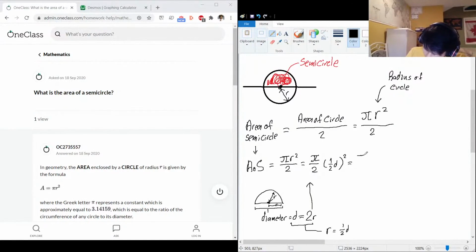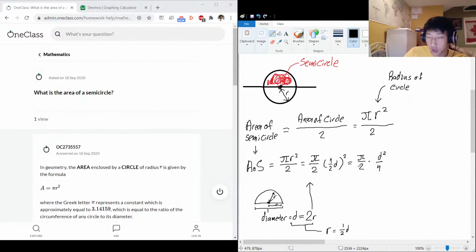We got pi over 2 multiplied by 1/2 D squared, which is the same as D squared over 4, 4 being 2 squared. So basically you're squaring the top, so that's the D squared, and then you square the bottom, the 2 squared becomes a 4.